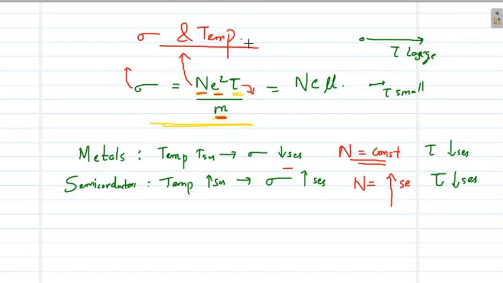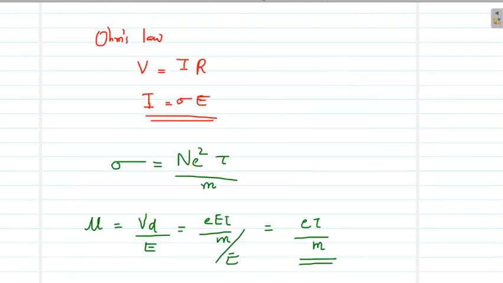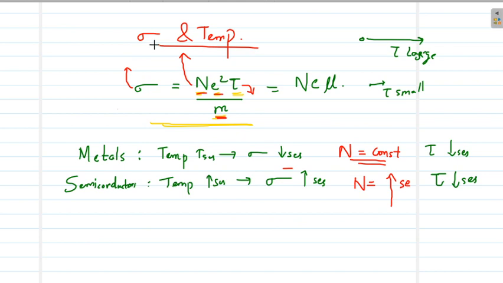So as we have seen, this is one of the achievements of free electron theory. It is able to explain electrical conductivity in metals, and it is able to define and validate Ohm's law, and finally it is also able to explain different values of sigma for different types of materials and its variation with temperature. So I hope you have understood today's class.